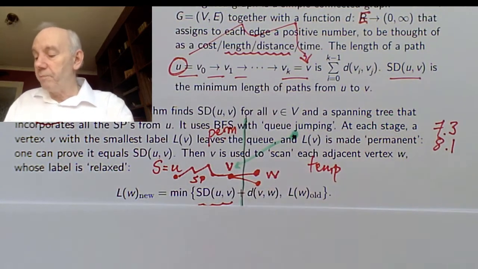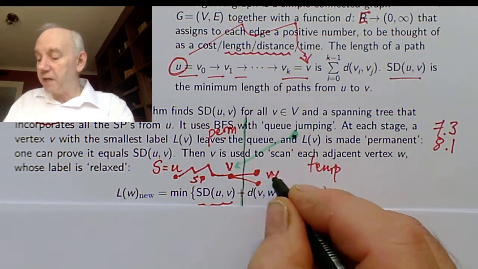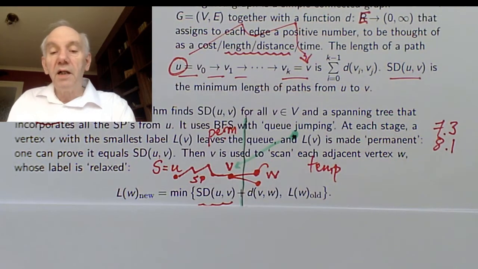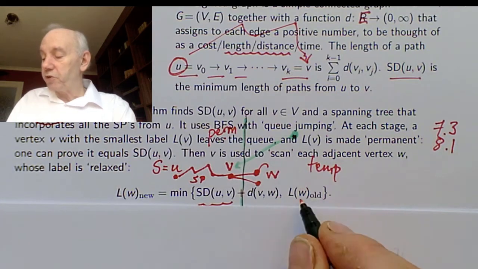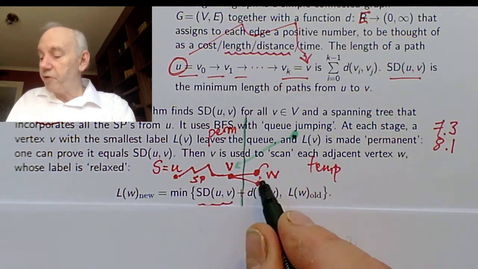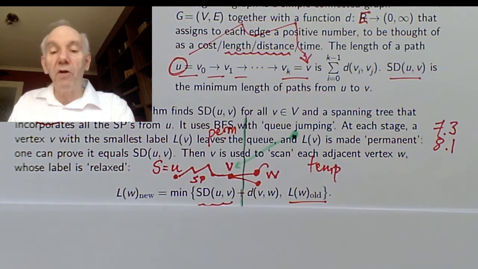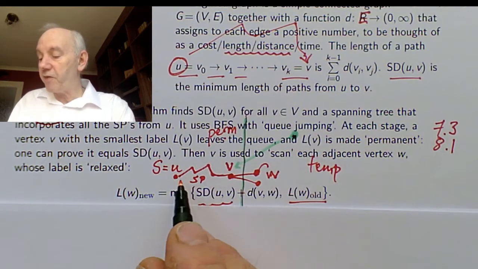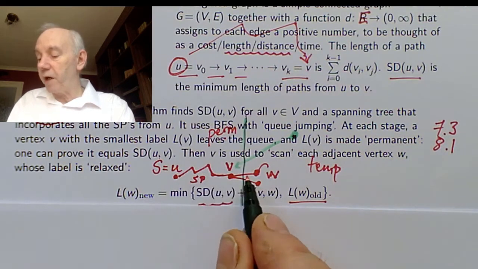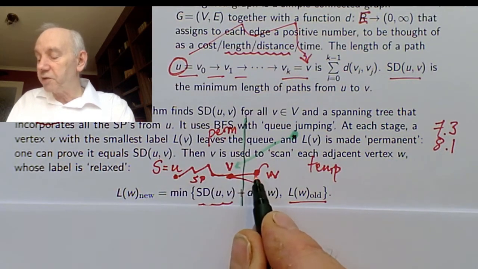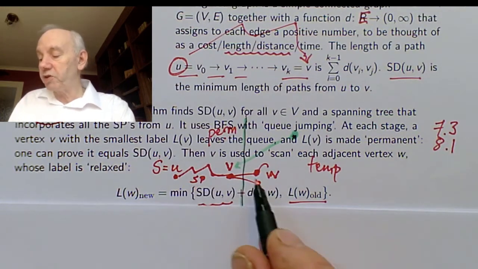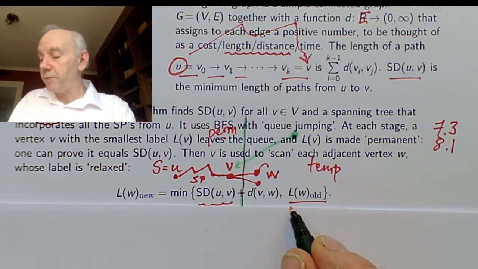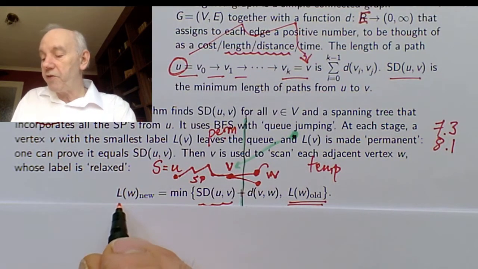In particular, we have this vertex W here, and we have an estimate for the shortest distance from U to W. That estimate is the current label, or the old label, on W. But if, having looked at this new path that goes from U through V, then one extra edge to W, that is a shorter distance, we update this label with the new label.